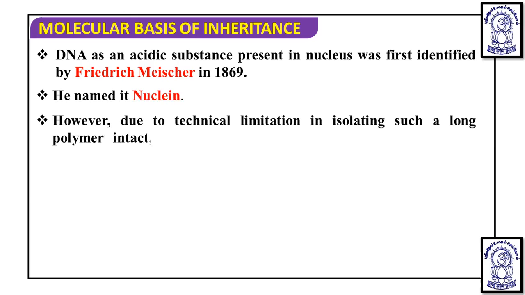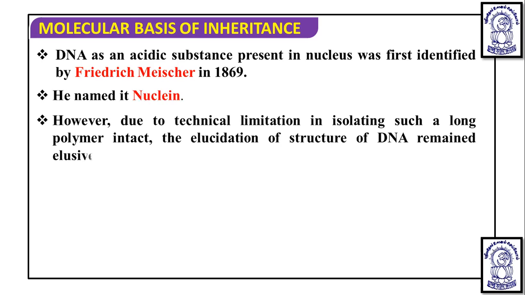However, due to technical limitations in isolating such a long polymer intact, in its original form, the elucidation of the structure of DNA remained elusive for a very long period of time.